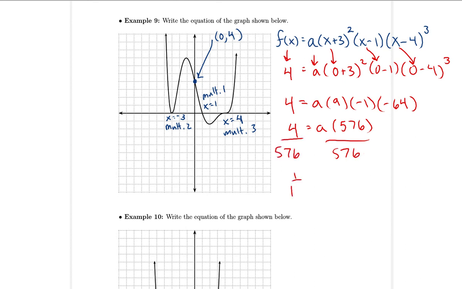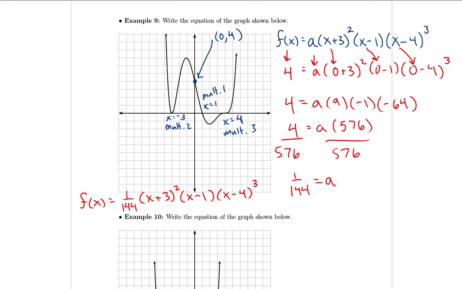So we had 1 over 144 equals a. So now I know what my function is, right? f of x equals 1/144 times x plus 3 squared times x minus 1 times x minus 4 cubed.